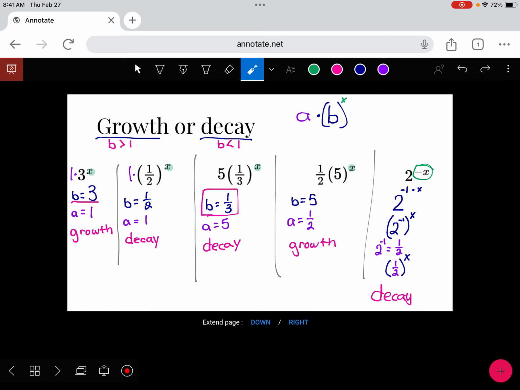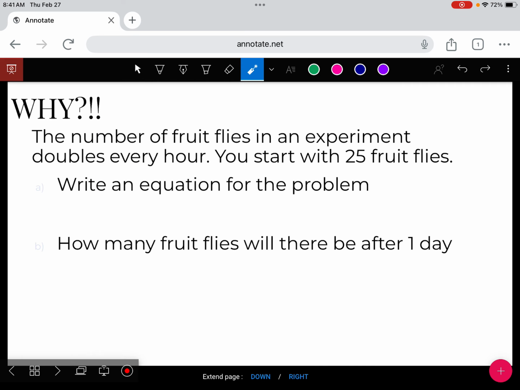So, questions on this as it sits right now? Because I know that in our head right now we're going, why? We're going to do our very first one. So here's our first problem that's underneath, and we're going to see what this is about.